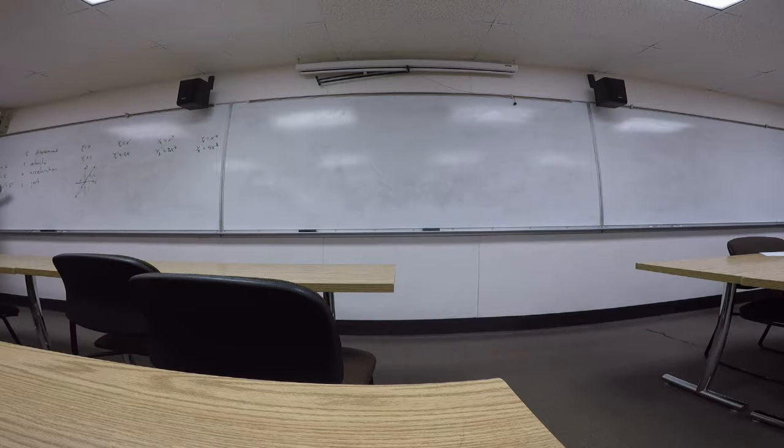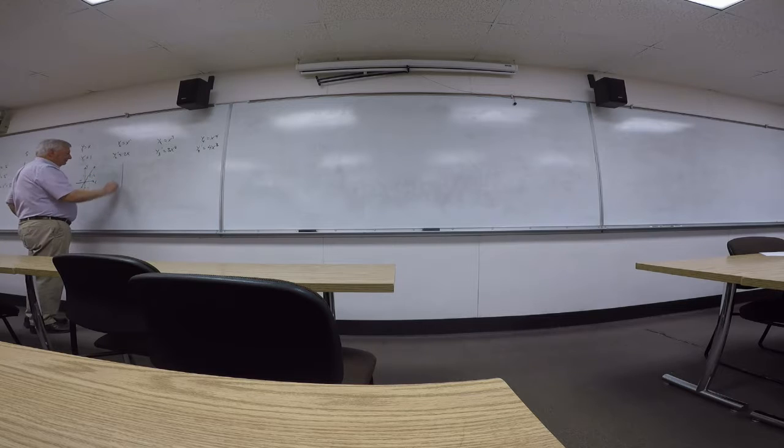So it says the derivative of that is 0. I'm sorry, the derivative of that is 1. Constant slope.